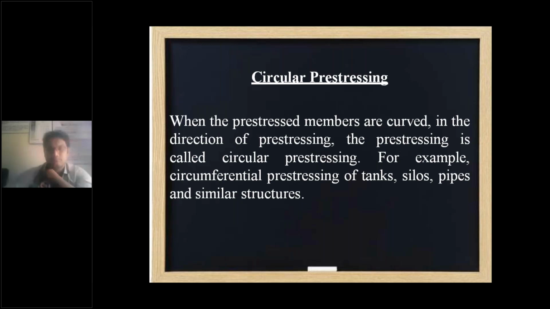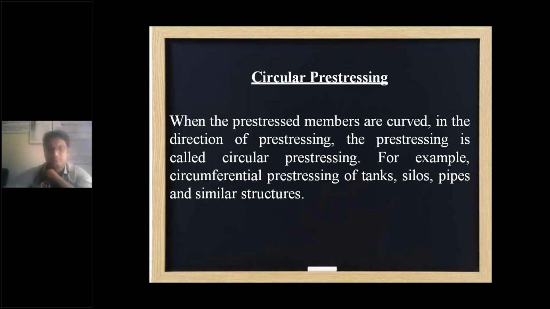For example, water pipes, water RCC pipes. In a water pipeline, the pipes are cast with concrete. They are all circular pipes, and similar structures like shells. All these are not in a regular linear position. They are all in a curved shape, where they are supposed to be stressed in the form of circular stress.